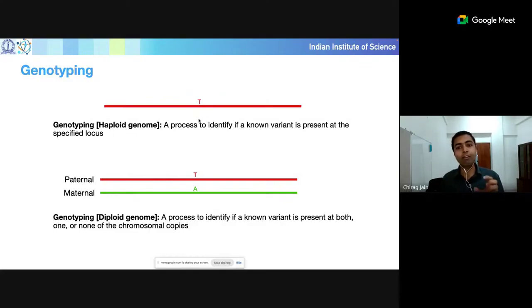The process is to identify whether that variant occurs at a specified locus or not. In the case of diploid genomes, the genotyping problem is to identify whether a known variant is present at both chromosomal copies, just one chromosomal copy, or none of the chromosomal copies. That is, we have to account for the fact that the ploidy is 2, so the genotyping has to be done on both copies of the chromosome.